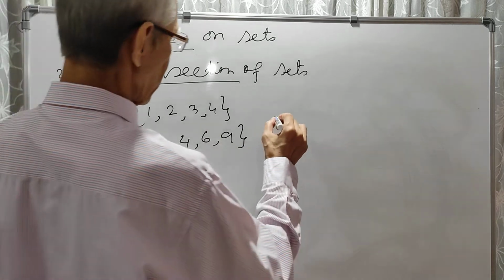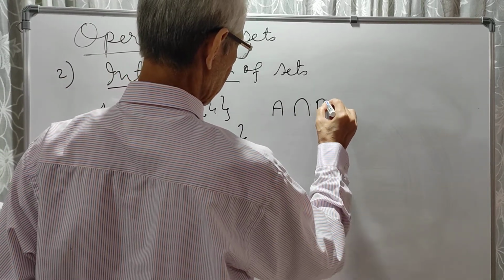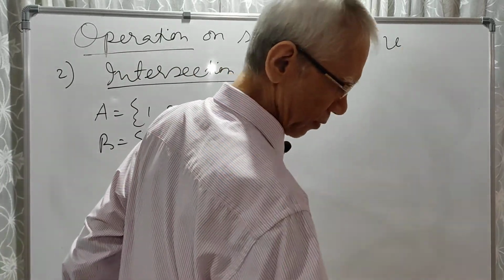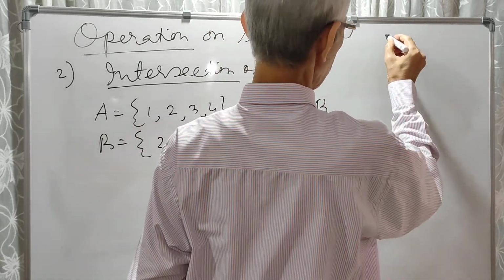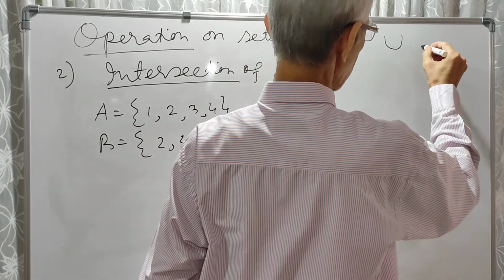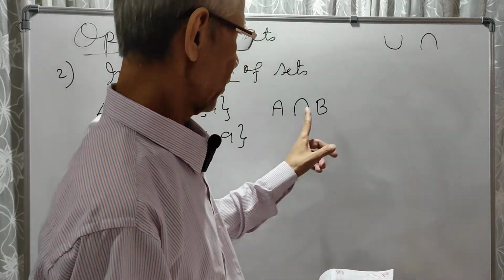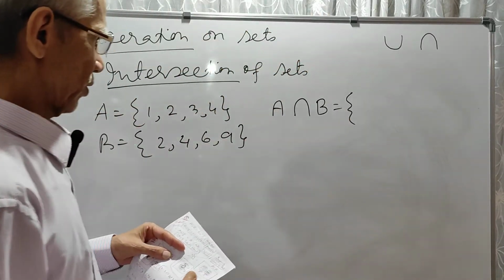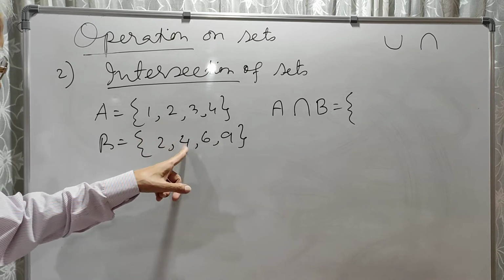Then A intersection B. This is the symbol of intersection, and the inverse of it was the symbol of union. So A intersection B is a set containing the common elements. Which are the common elements? 2 and 4.